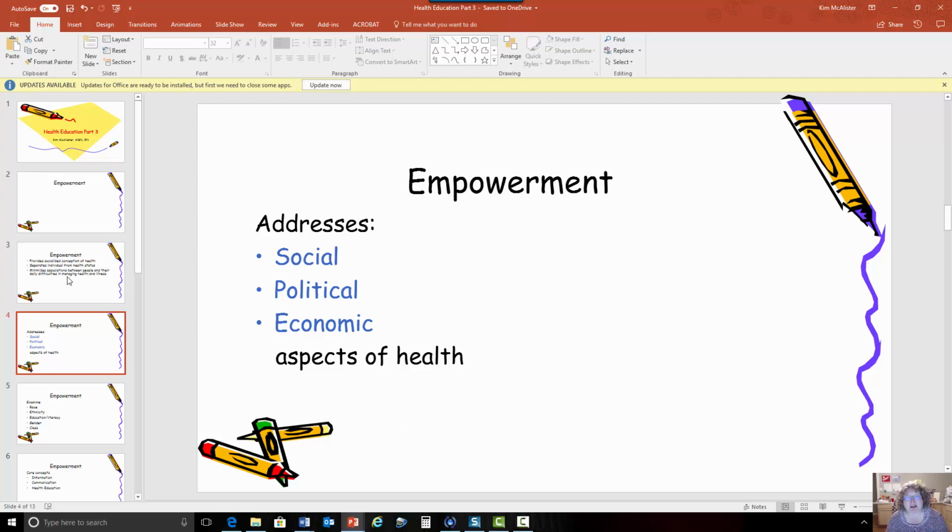And then we look at economics. How do we help people maximize their health care dollar? Are they in the right insurance plan? Are they taking advantage of prescription discount cards? Have they notified the manufacturer of their medication that they're having trouble paying for their medication?